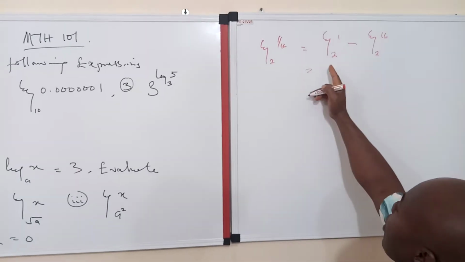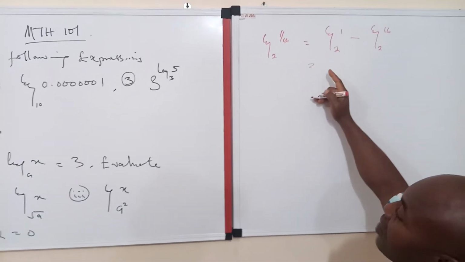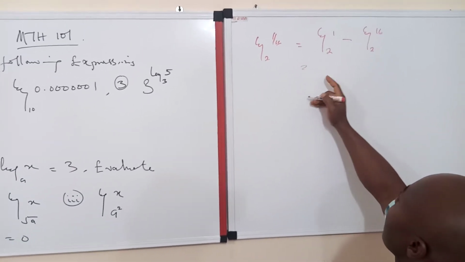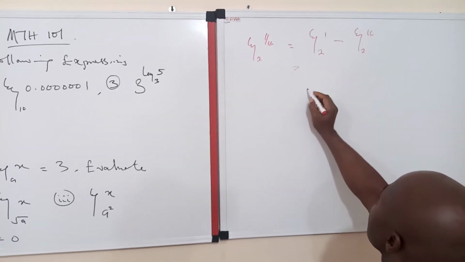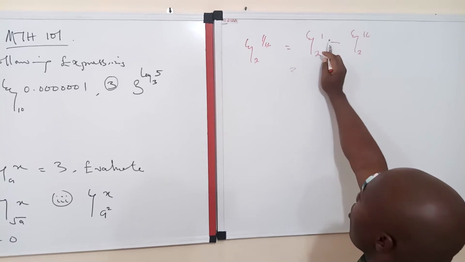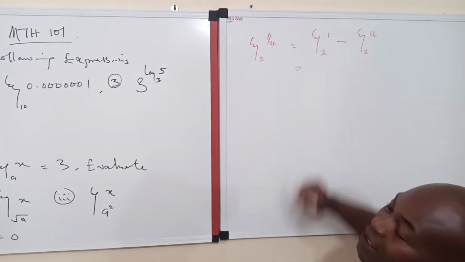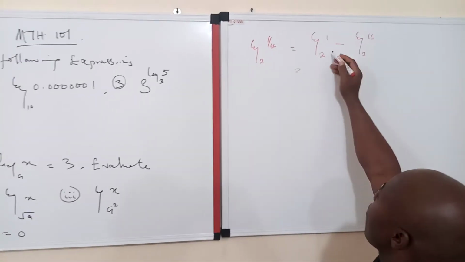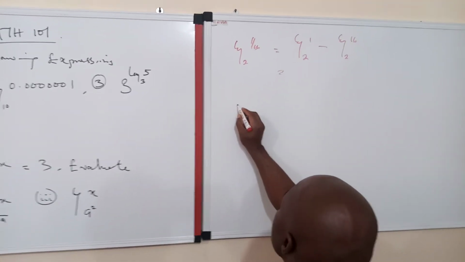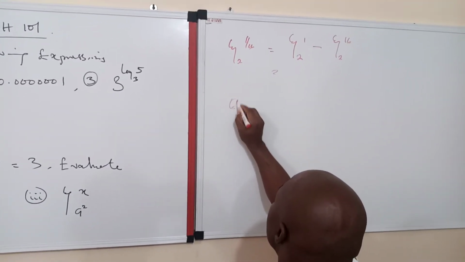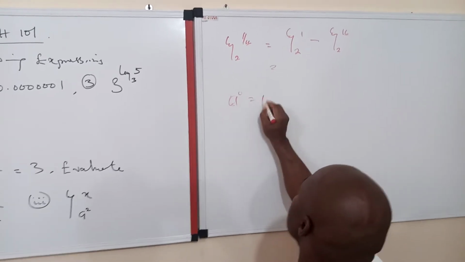But also remember, in case number 4 or 5, we have that the log of 1 to any base is equal to 0, where we had a raised to power 0 is equal to 1.